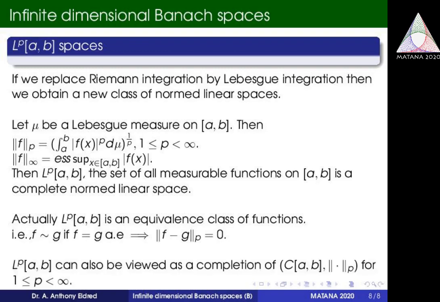And also LP of a comma b can be viewed as a completion of C of a comma b for 1 less than or equal to p less than infinity. So now we shall see why we need completion of C of a comma b and what we mean by a completion of a normed linear space.